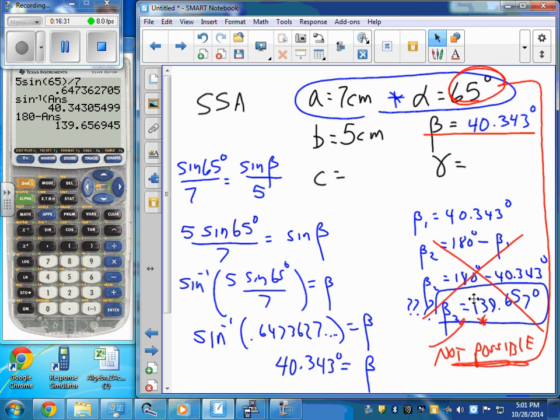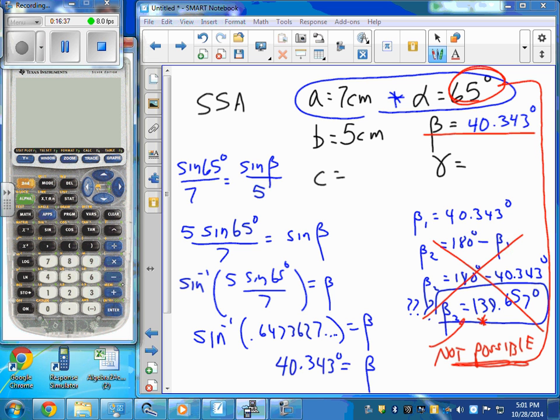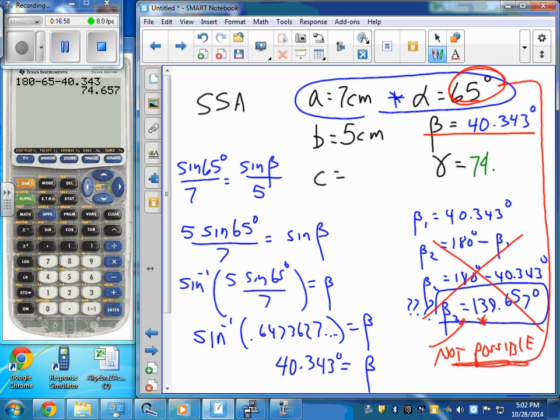Let's go find gamma. To find gamma, just add alpha and beta together and subtract from 180. So 180 less the 65 degrees and less the 40.343 gives me a gamma value of 74.657.